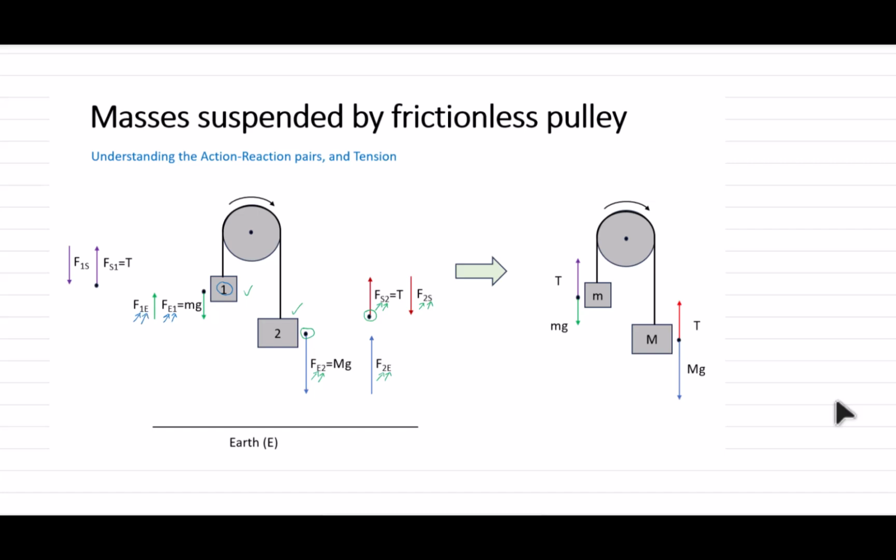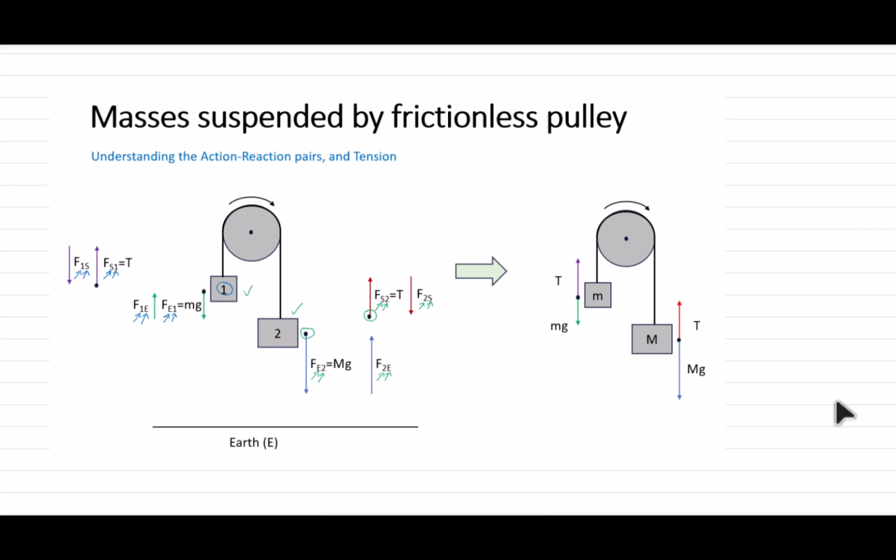That makes one pair of action-reaction forces. Let's see the second pair. That's the force by object 1 on the string or the rope, which is equal and opposite to the force by the string or the rope on object 1.